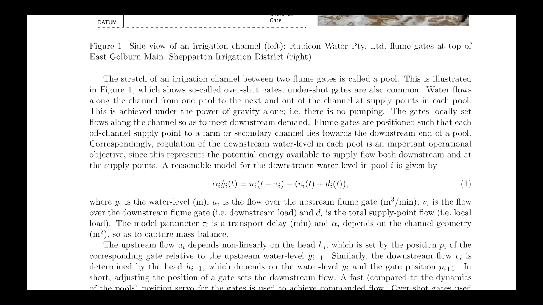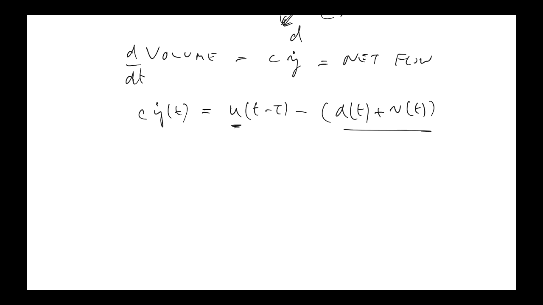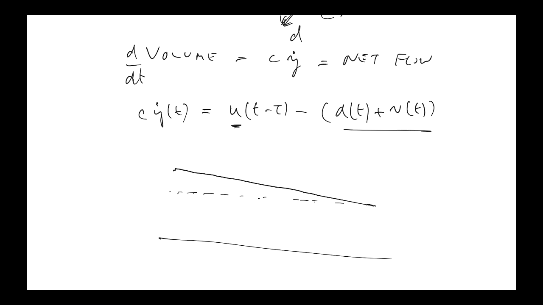And effectively what happens is that further upstream, in order for water to flow under the power of gravity, in order to have flow, you need a wedge like that.